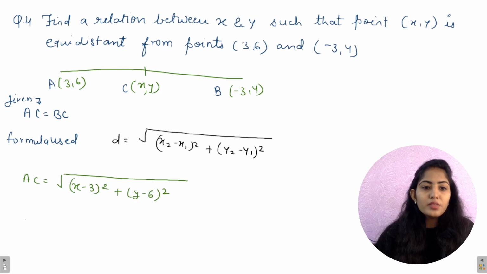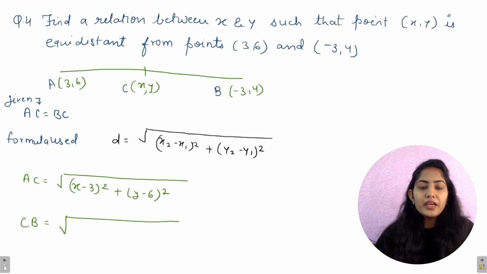Here CB, or you can say BC, whichever you want to take, will become x plus 3 whole square. Let's not confuse you. Let's take x2 as minus 3 and x1 as x, plus 4 minus y whole square.